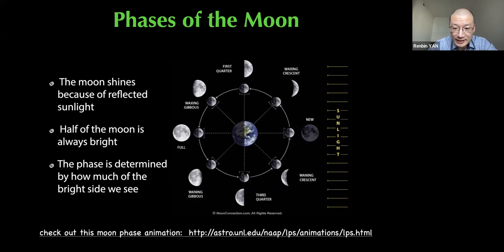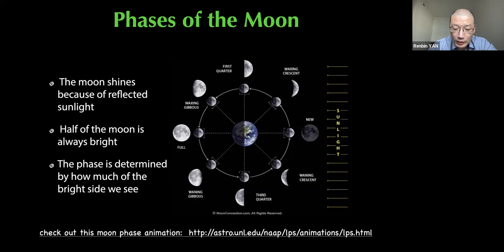But on the second half of the month, this is called waning gibbous. This is a gibbous moon, just like that. You can see this is symmetric to each other, but you have a different side that is illuminated, and the side that is illuminated gets smaller and smaller with time towards the new moon.